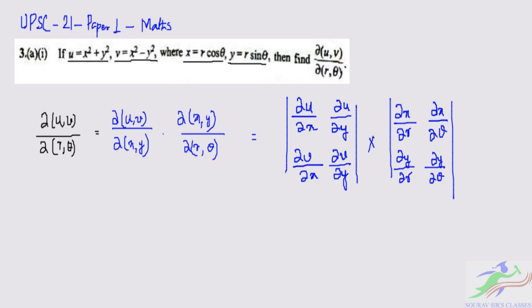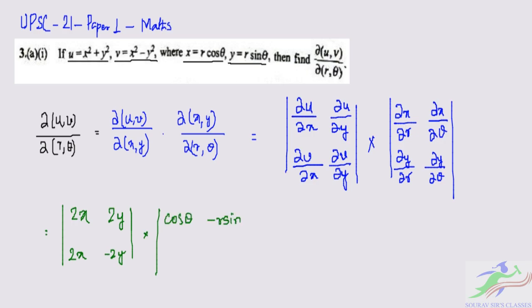So now do this. We have del u del x, so it is quite simple now. It will come as 2x, 2y, and del v del x is 2x, minus 2y.